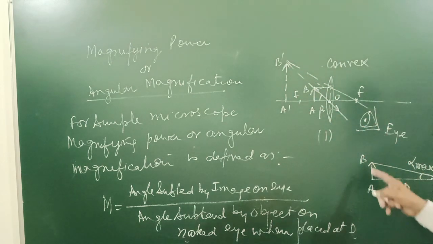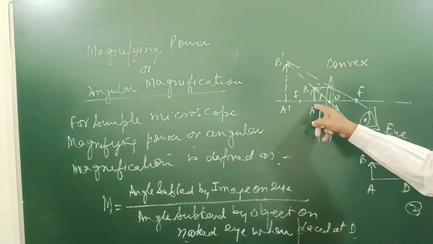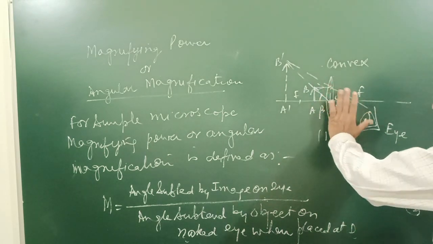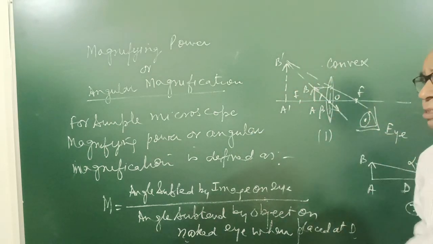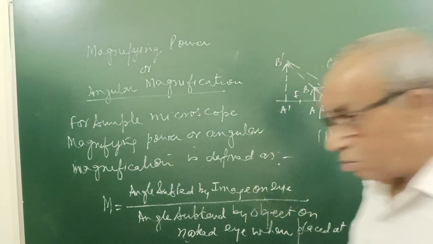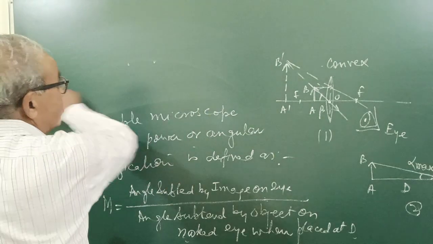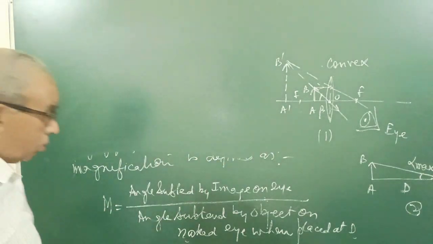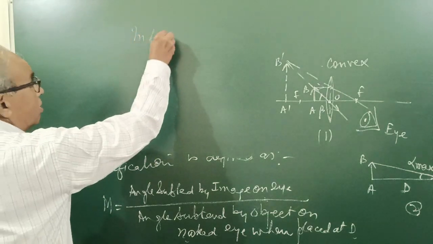And alpha maximum is the angle subtended by the object on the naked eye when placed at D. This AB object is placed before the lens between focus and optical center, not at D. The image should not be formed, A dash B dash image will also not be formed, at a distance less than D. Otherwise, it will not be clearly seen.